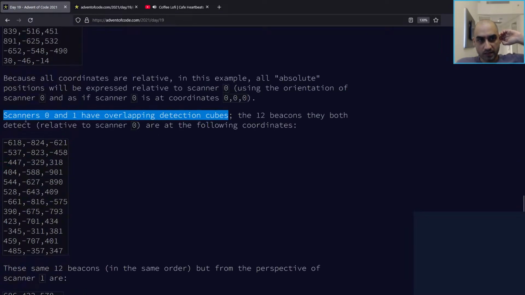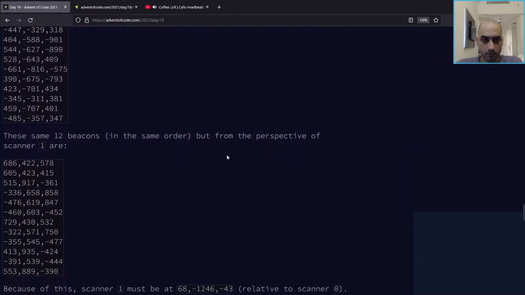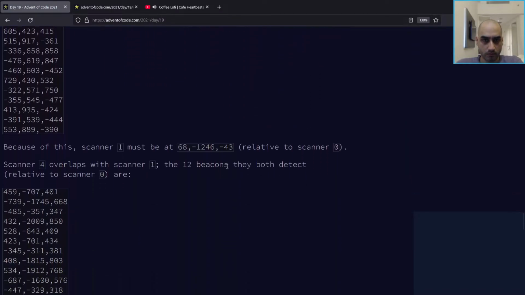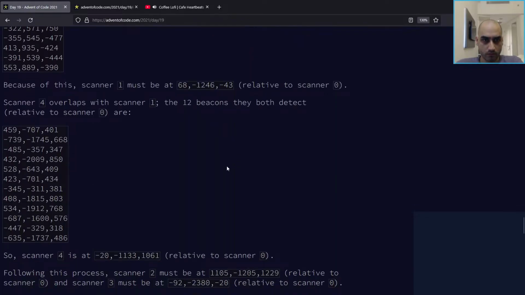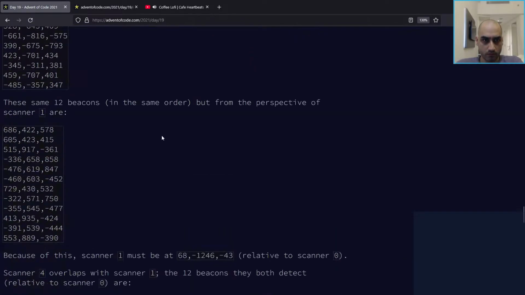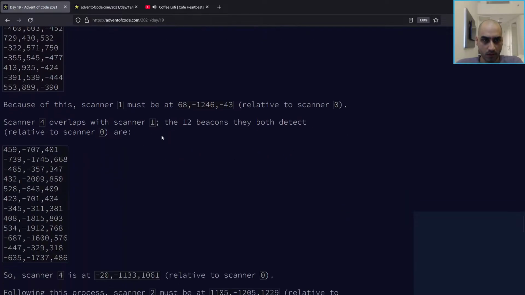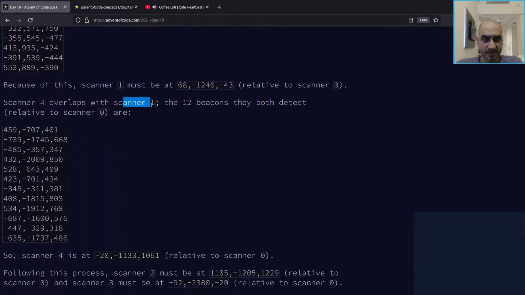So what led them to believe that scanners 0 and 1 have overlapping detection cubes? And then it says scanner 4 overlaps with scanner 1.